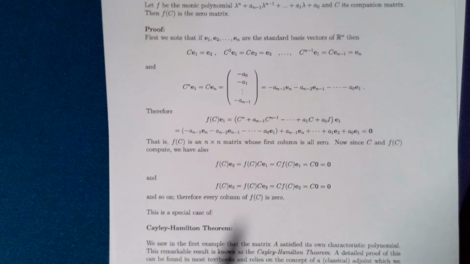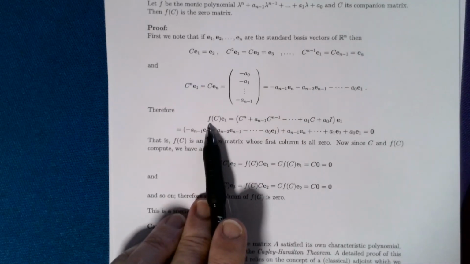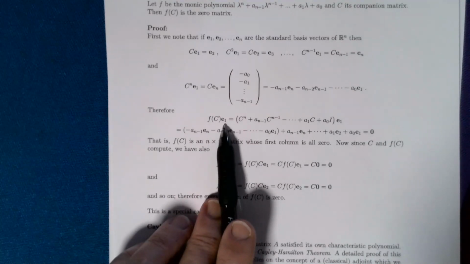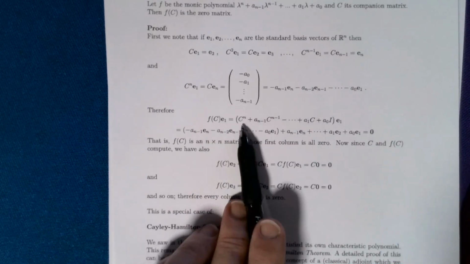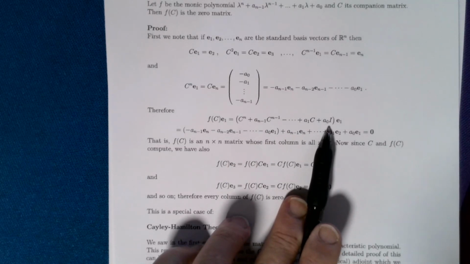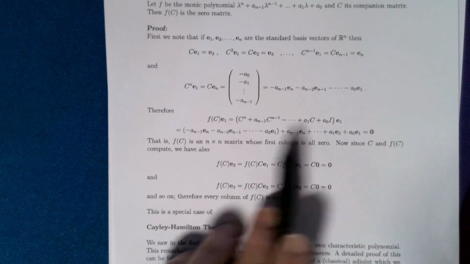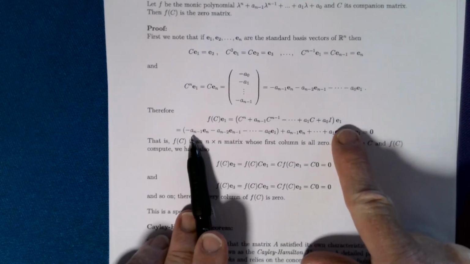Now, if we substitute C into this polynomial, this will give you a matrix. You now multiply by E1, that's going to pull off the first column of the matrix. There's what we've done. We substitute C into the polynomial. That gives me this expression, and that's times E1. And when we expand this out, we're going to simply get C^n times E1.